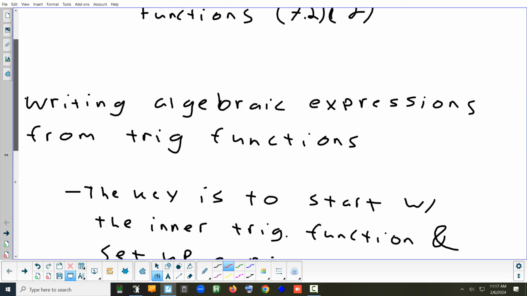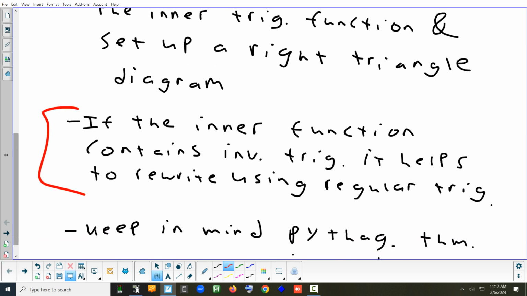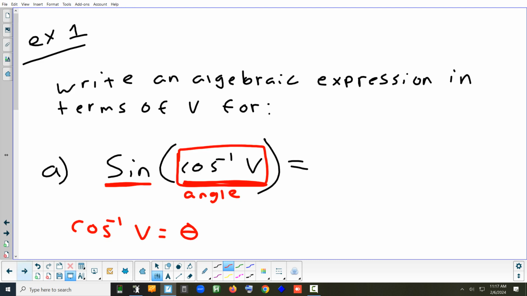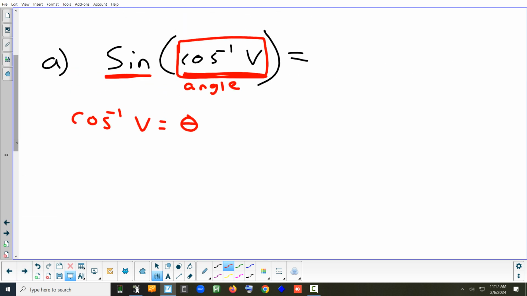Now, it said to take that and rewrite it using regular trig. What could I do on both sides of this equation that would get rid of inverse cosine? You multiply both sides by cosine.